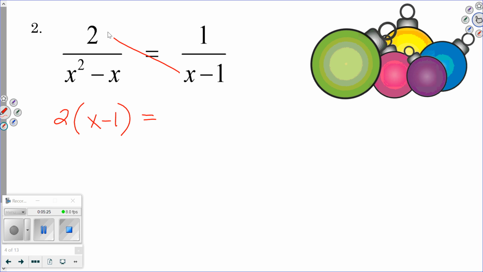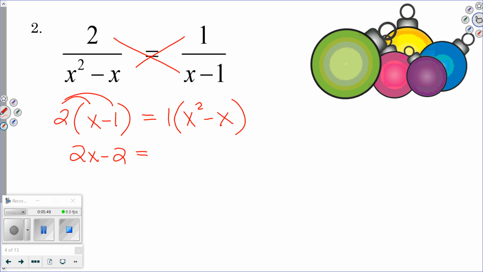But the reason I don't is because I'm trying to solve right now, not factor first. If I factor it first, I'm just going to have to multiply it back together to try to solve it. So we don't want to do that. Cross the other way. 1 times x squared minus x. At this point, your fractions are gone. Now it's just a regular equation we're going to solve. So we will distribute. So 2x minus 2. This side, distributing a 1 doesn't really change anything. So x squared minus x.